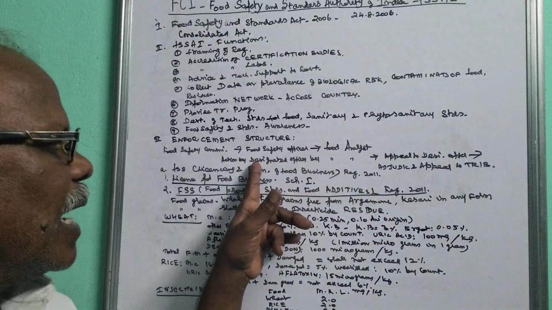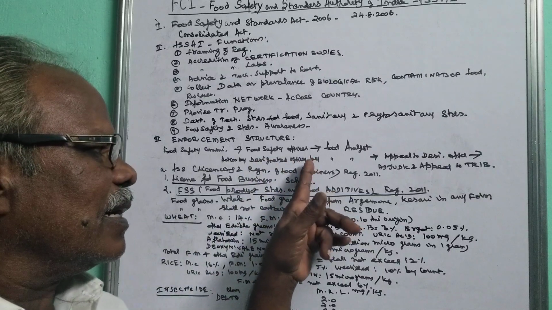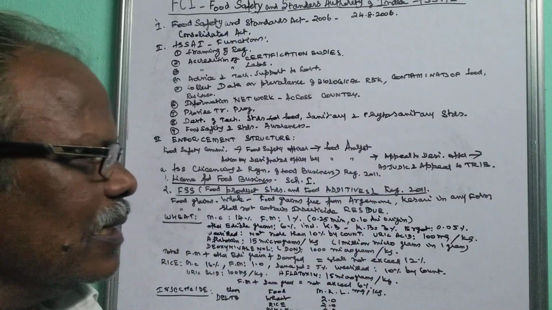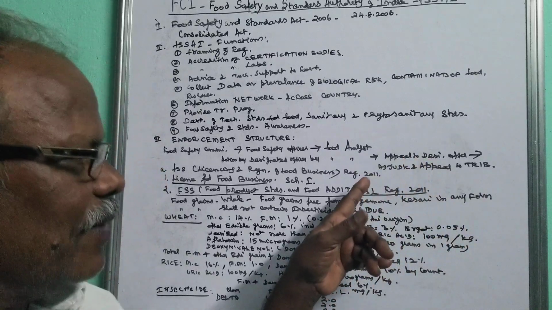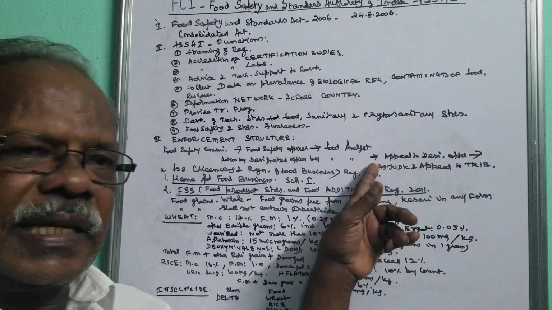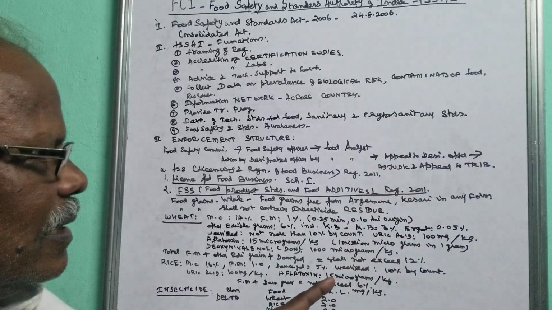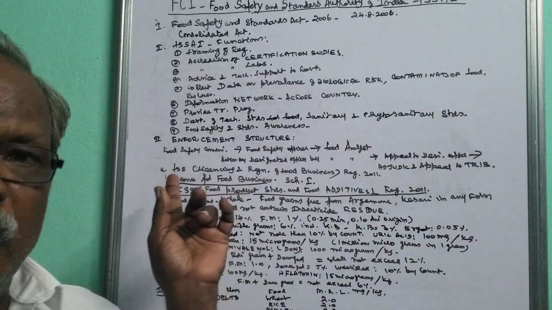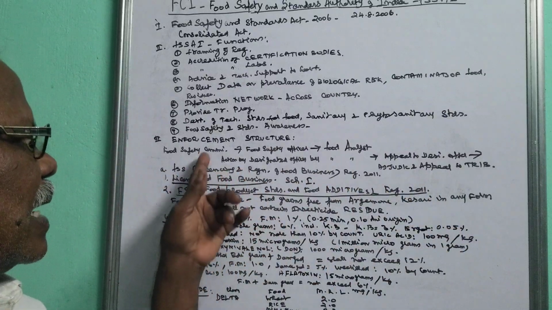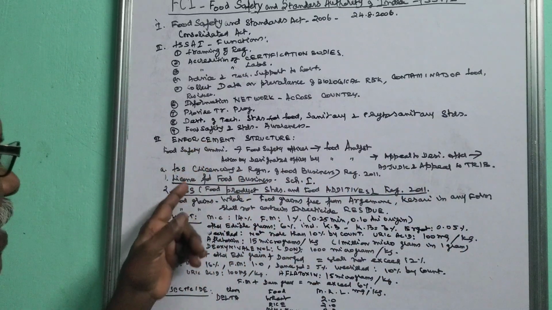Then action is taken by the designated officer on the food analysts' reports, and an appeal can be made to the designated officer if there is any grievance. Then adjudication and appeal to tribunals are also there. These are all arranged for the enforcement structure.